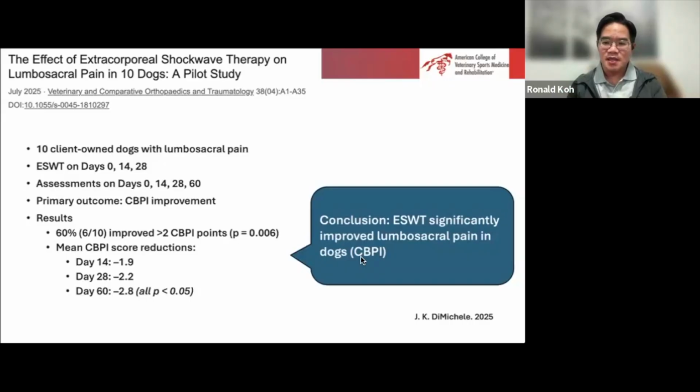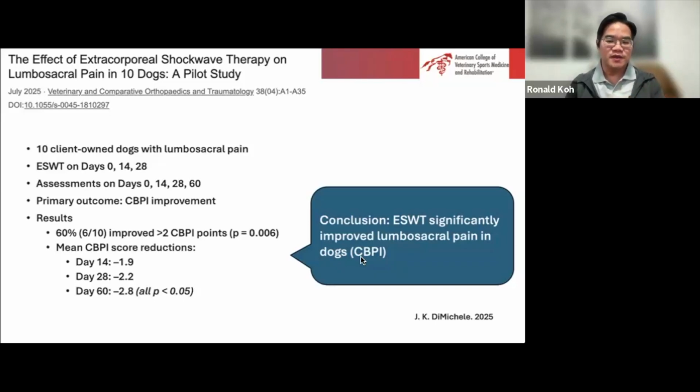It's a pilot study looking into shockwave for lumbosacral pain in dogs. There were 10 client-owned dogs treated with shockwave on day 0, 14, and 28. The results show that 60% of the dogs showed clinical improvement, more than 2 points on the CBPI.